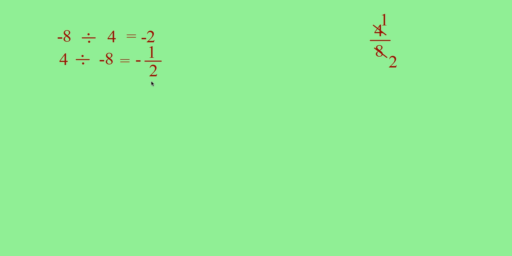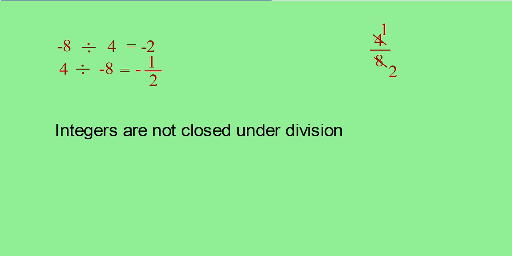No. So that means when we divide an integer by another integer, you need not get the quotient as an integer. So we can say integers are not closed under division.